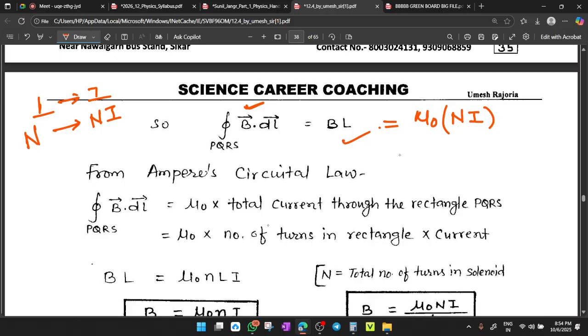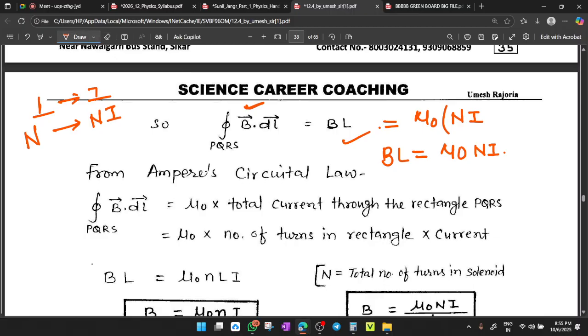So B into L equals mu naught capital N I.